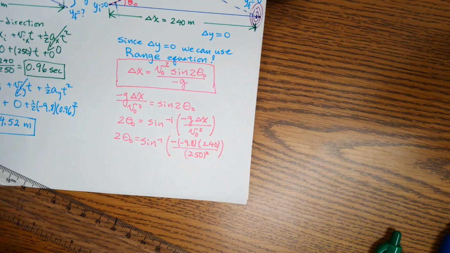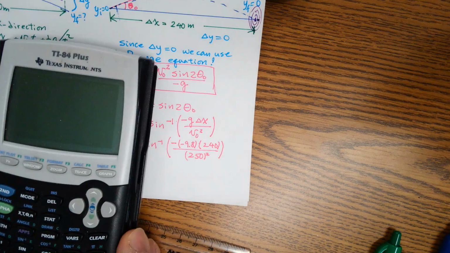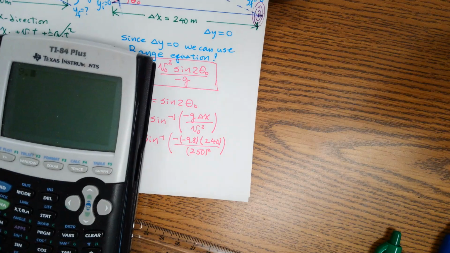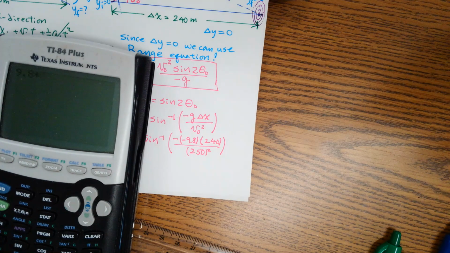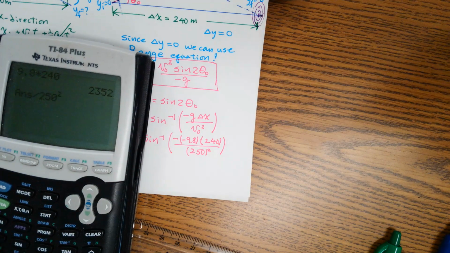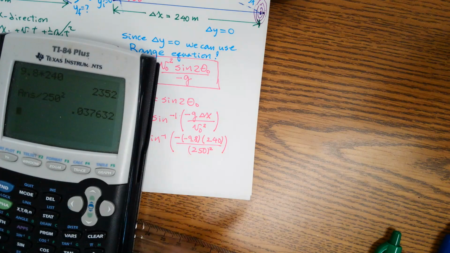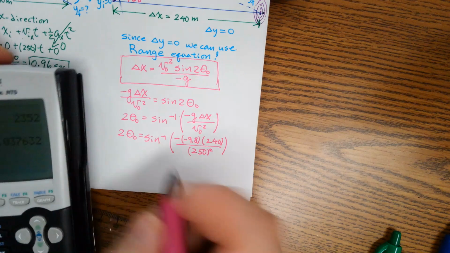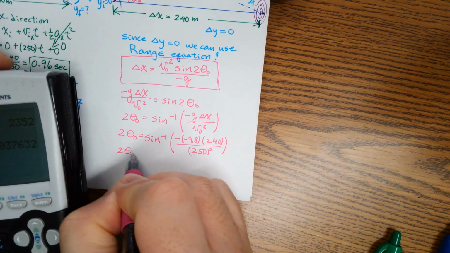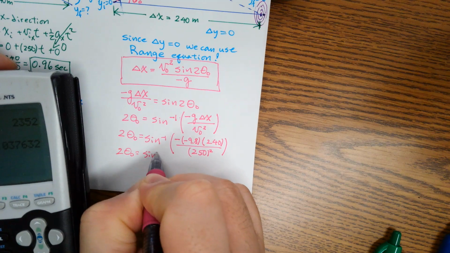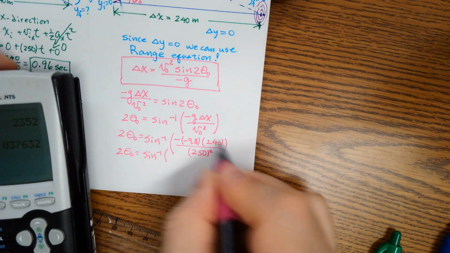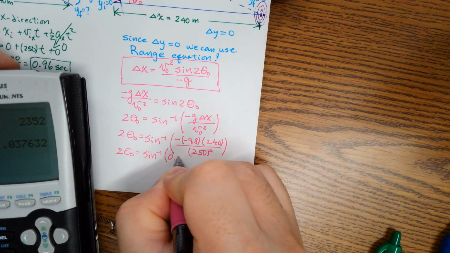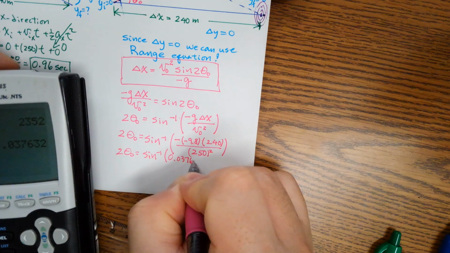So if you work that out, here's what you get. 9.8 times 240, and you divide that by 250 squared, and I get something very small. So I get 2 theta naught is equal to sine inverse of, this whole thing inside here is 0.037632.